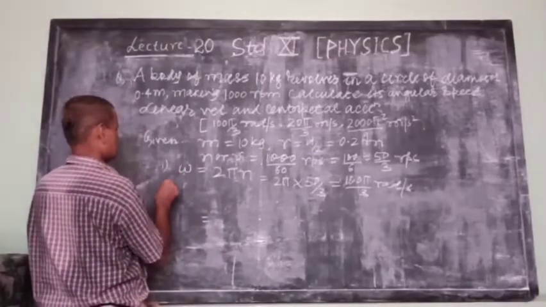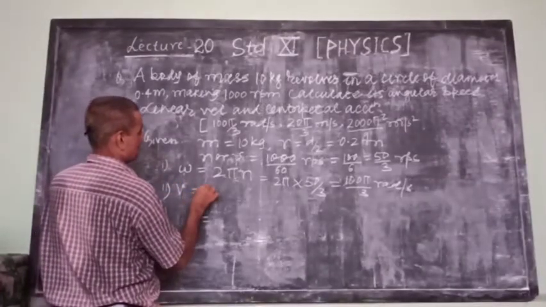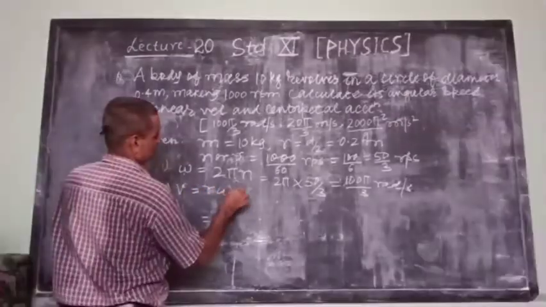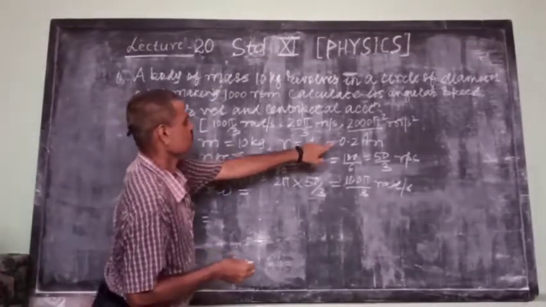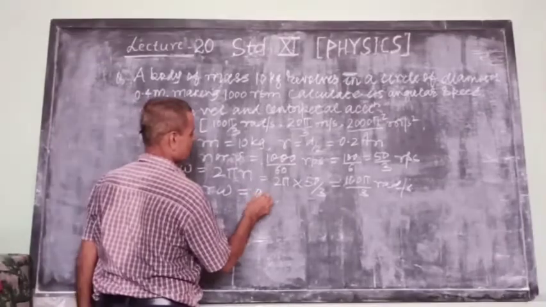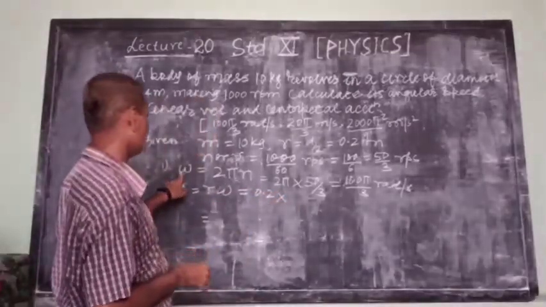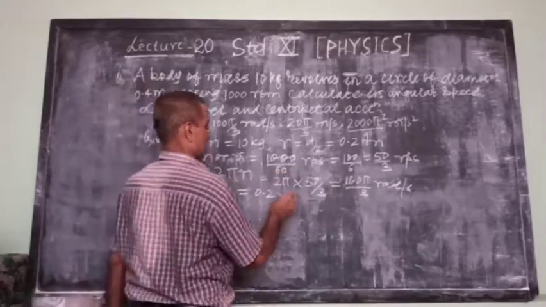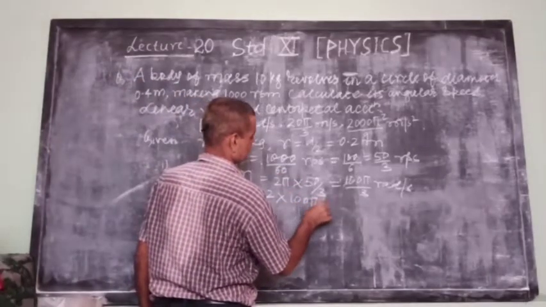The second demand of the question is linear velocity, that is denoted by V. So V is equal to R omega. The value of R is given, R is 0.2, and it will be multiplied by omega, which we have just calculated, 100 pi by 3.